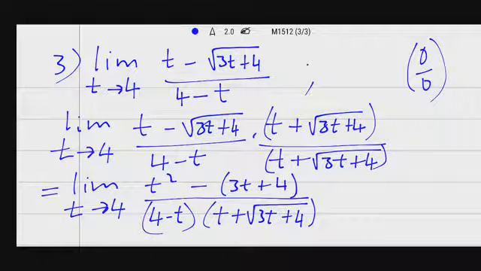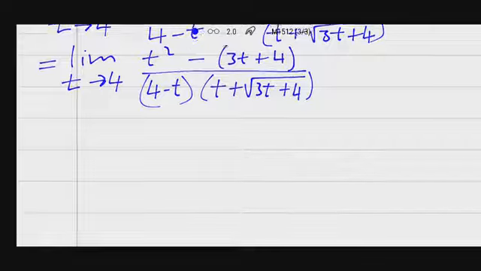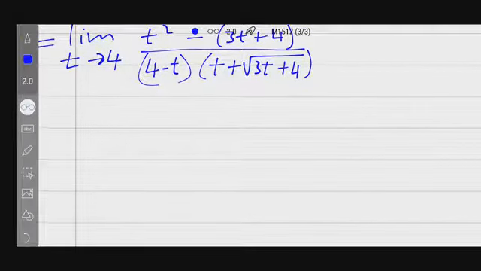If you don't see the difference of two squares here, you don't need to worry. Just expand these two brackets in the top part, and you should get what we have here. Now let's see where it takes us.